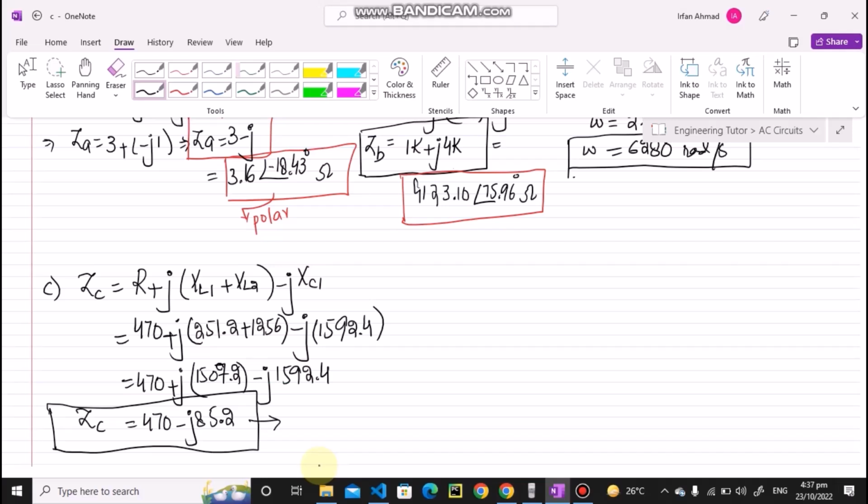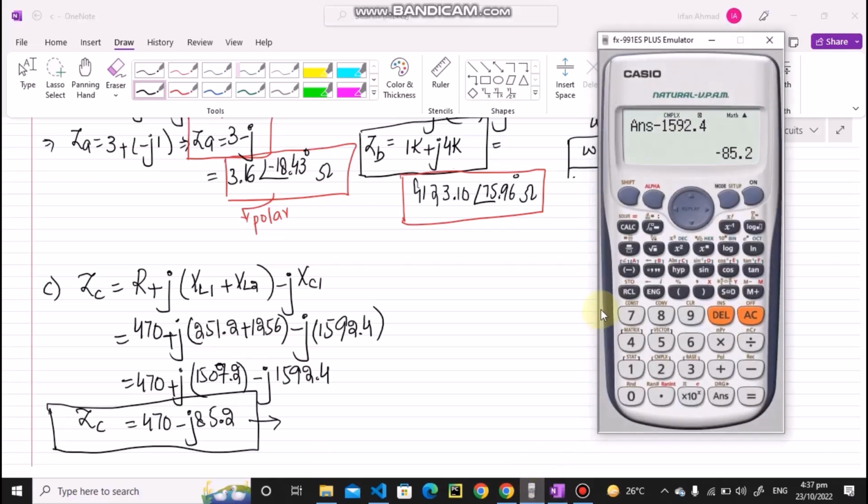Now converting it into the polar form, we have 470 minus j85.2. Simplifying this and converting it into the polar form, I have to go over this complex here and press 3. What I will get is 477.